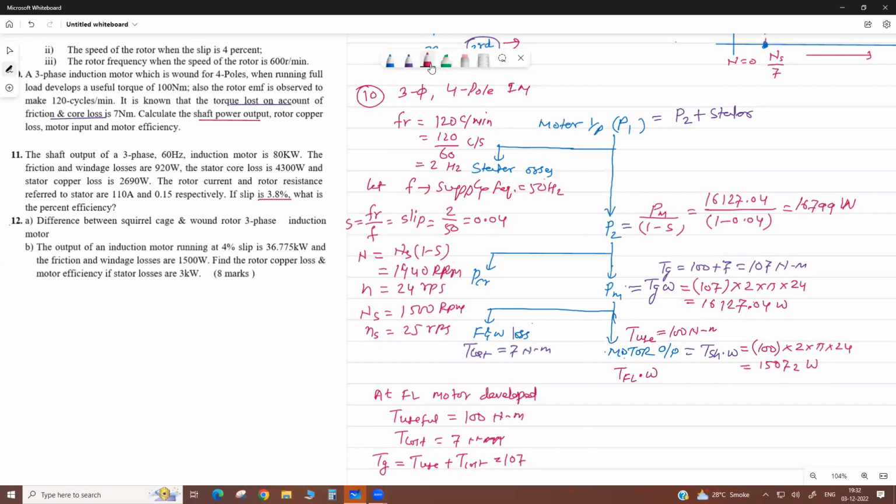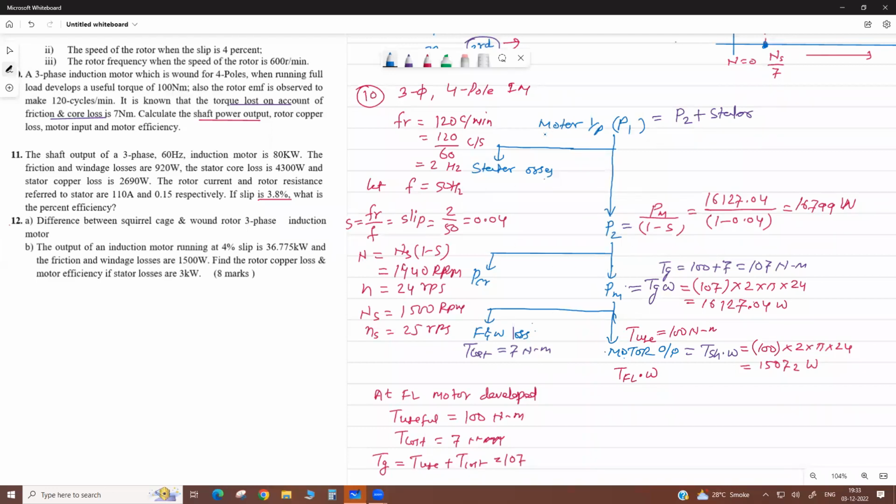Now here is the efficiency. Suppose f, the stator frequency, we assume 50 hertz. Now my dear, there is one twist in this question. This rotational loss also includes the mechanical losses, like the torque lost due to friction and core loss.